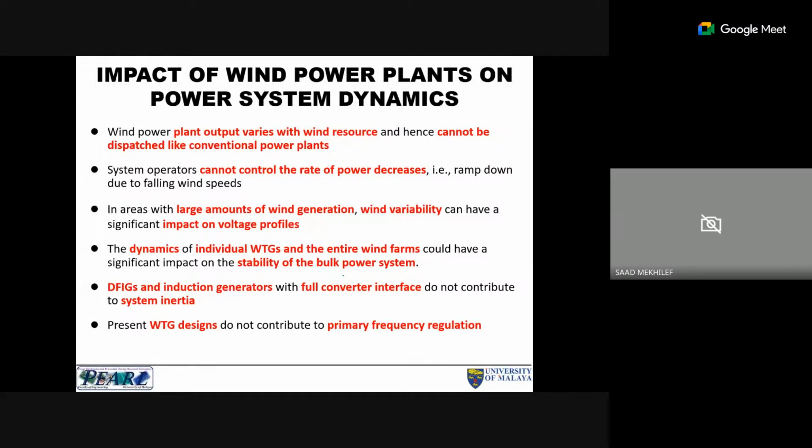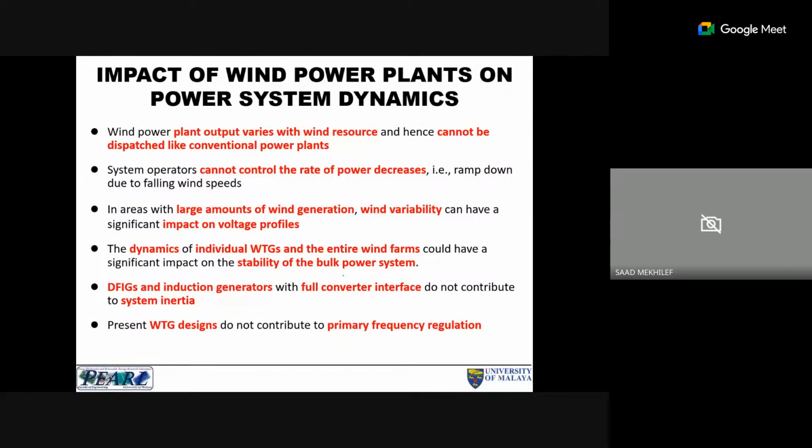Okay, wind plants. As you know, output varies with the wind resources, and this cannot be dispatched like any conventional plant. For example, you cannot dispatch a certain amount of power from the wind turbine at any time you want. So the system operator cannot control the rated power, or the rate of power decrease or increase, the ramp, due to the fall of the wind speed.